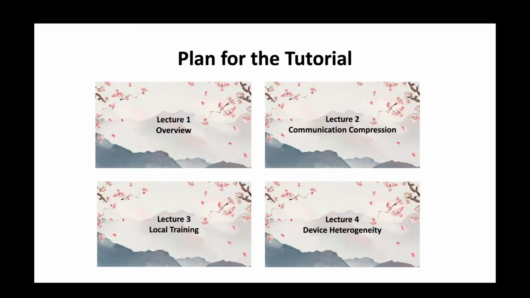And I'll also include a very brief discussion of some things that I will not talk about in those lectures 2, 3, and 4. The major focus will be on communication compression, then on local training and device heterogeneity, these 3 areas. And I'll start from some basics in each case, really from the fundamentals, all the way to the latest things that we know and that we don't know in each case.